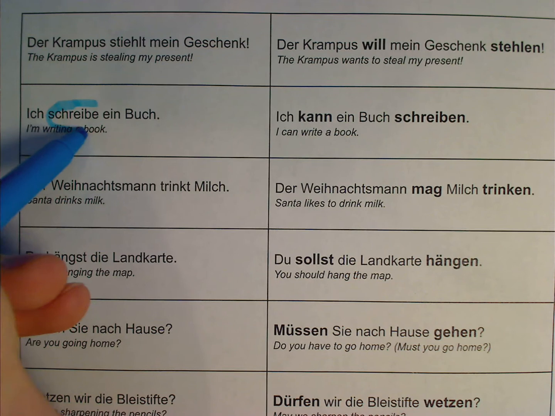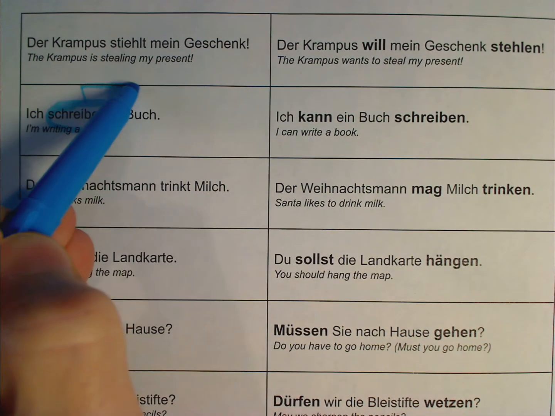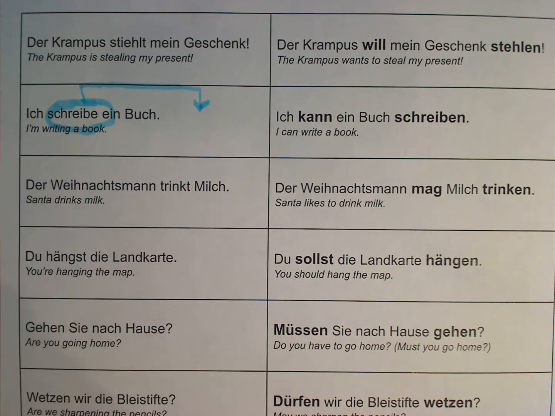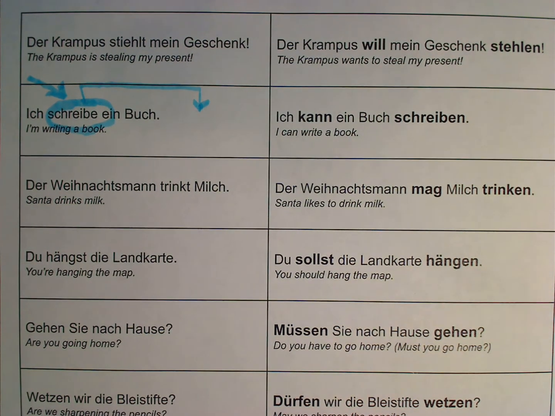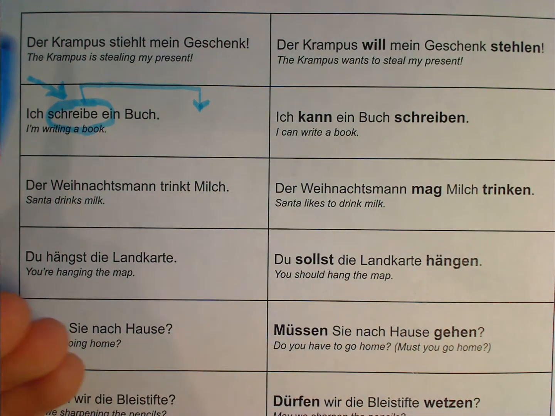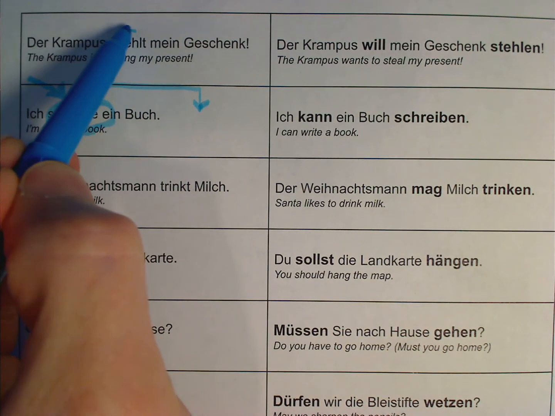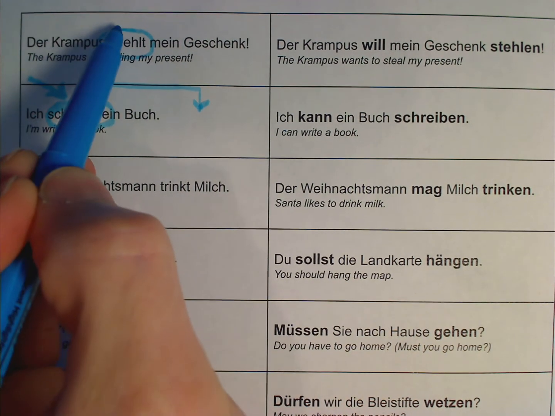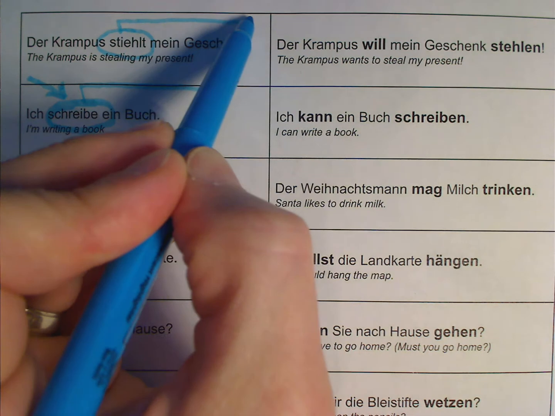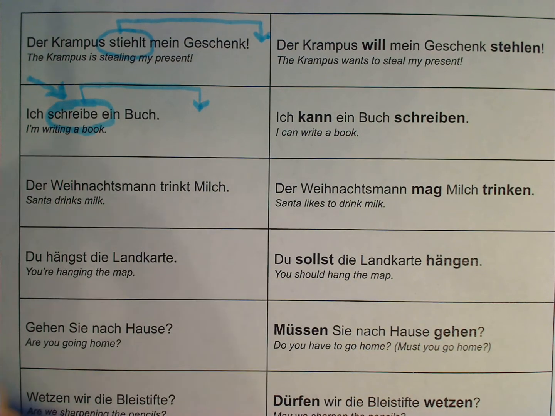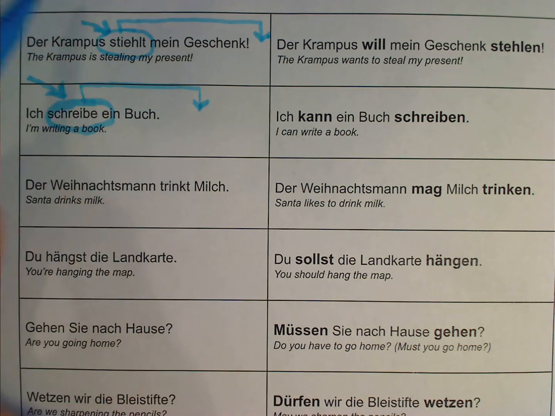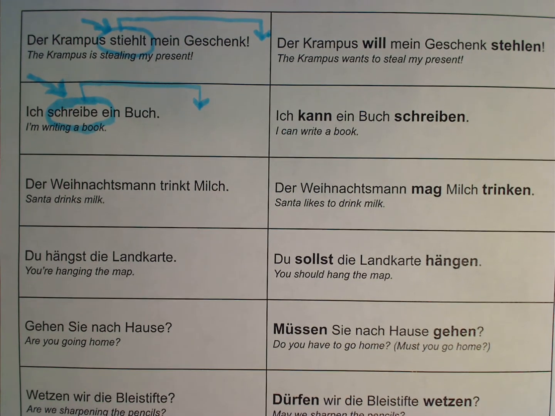The schreiben was unconjugated and thrown to the end of the sentence, and in its place, we put in the modal auxiliary verb. Even when this top sentence right here, right? We took this verb, stiehlt, we unconjugated it and threw it to the end of the sentence. And in its place, we put the conjugated form of wollen.